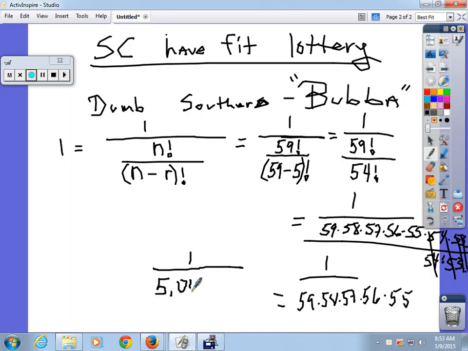That's just to win the first 5. Now, to win the whole thing, that's just the first 5. You got to add the Powerball in there.